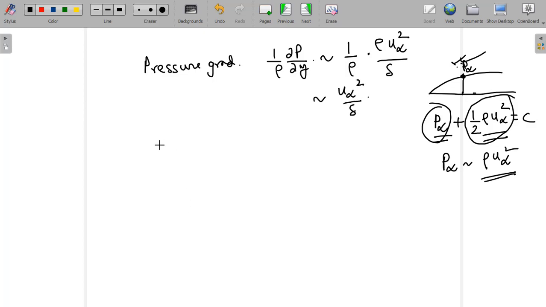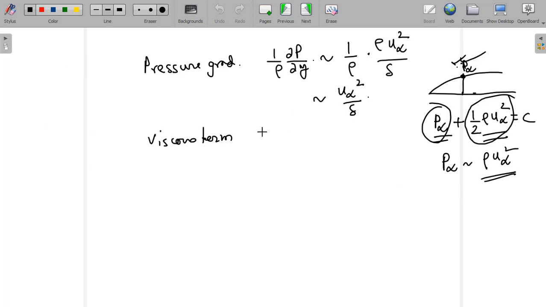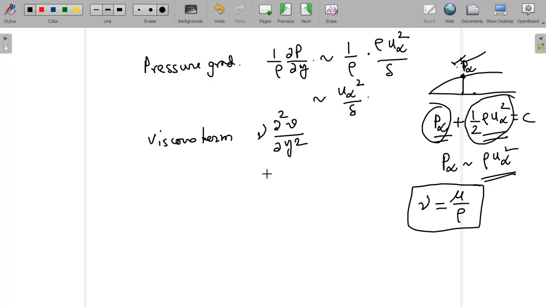Okay, and what is the order of magnitude of the viscous term? The viscous term is mu by rho into del 2 v del y2. Mu by rho is basically kinematic viscosity, defined as mu by rho, into del 2v del y2. So what is the order of magnitude of this term?